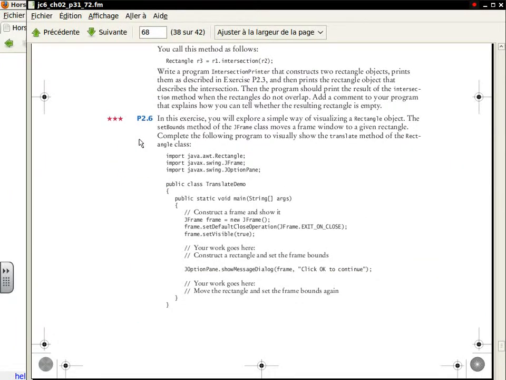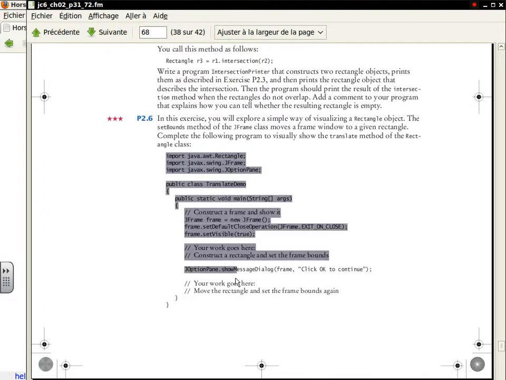All right, the translate demo. All right, so let's copy and paste this. I'm in the lucky position that I can copy and paste.